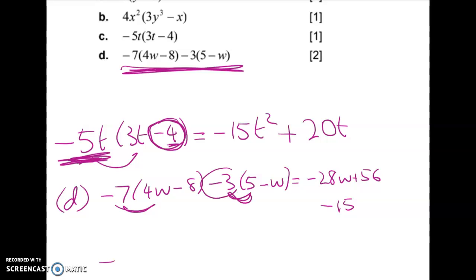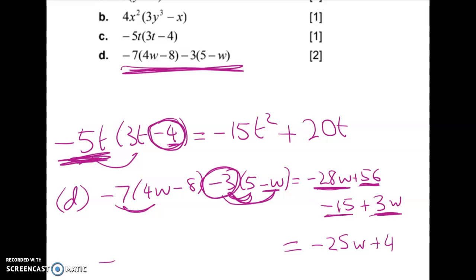Now be really careful here. I've got minus 3 times minus w, which gives me plus 3w. But I'm not finished because I haven't collected up my like terms. I've got negative 28w here, plus 3w gives me negative 25w. I've got 56 here, minus 15 here gives me plus 41.